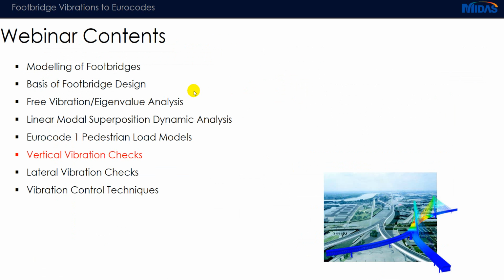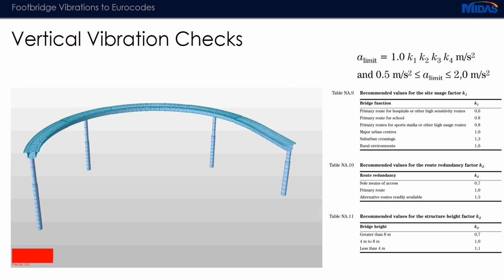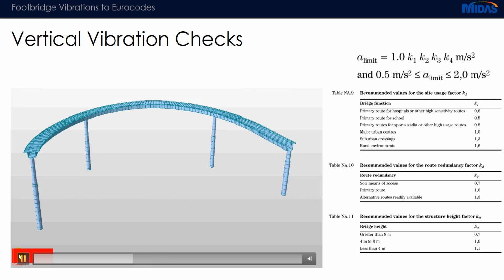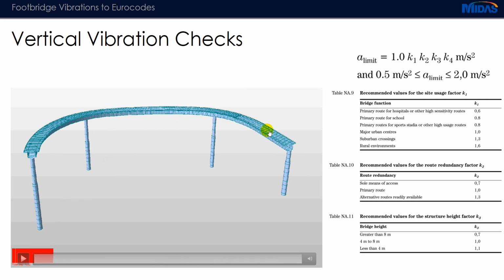The next step is the actual checks that we do, the vertical checks and the lateral checks. For the vertical vibration checks, the acceleration versus time plot is first generated, and that is checked against the limit acceleration defined in the code.